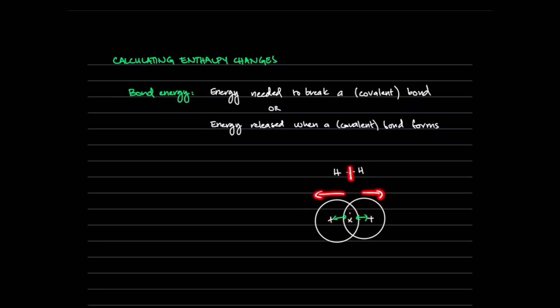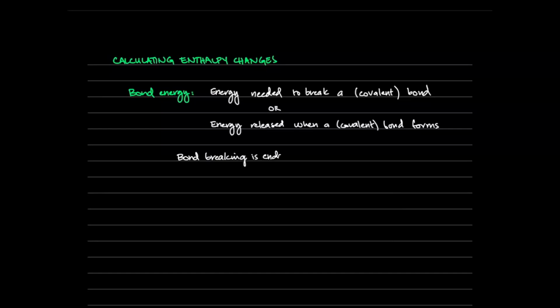Endothermic is when energy is taken in, right? You need to provide energy so that energy will be taken in to break the bond. So we can say that bond breaking is endothermic.